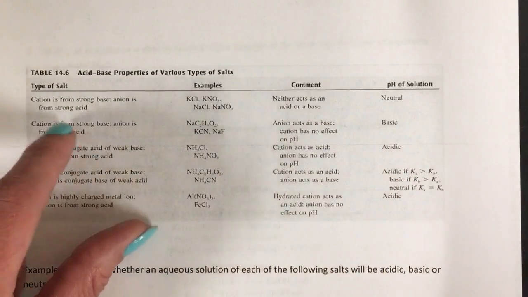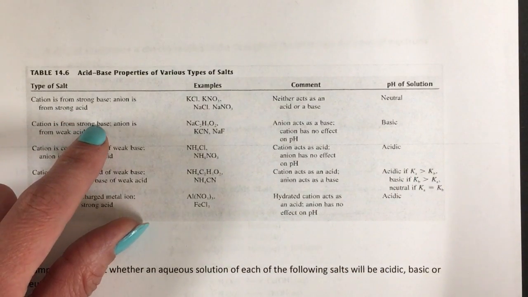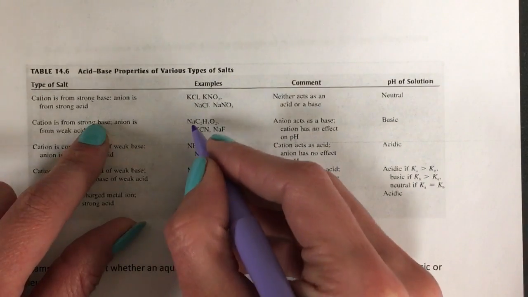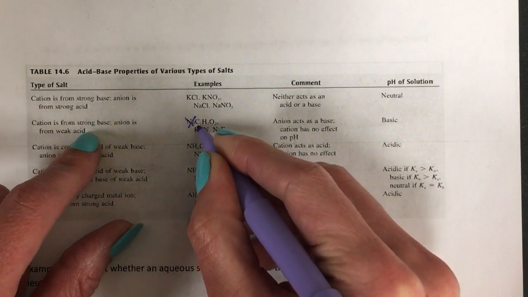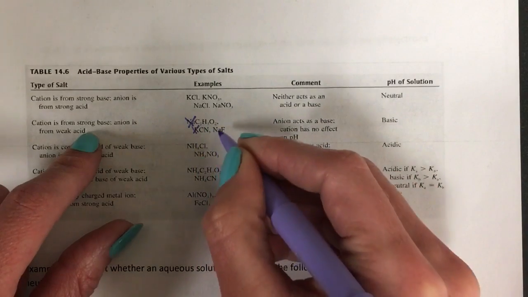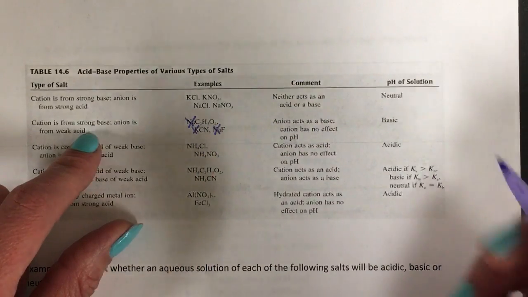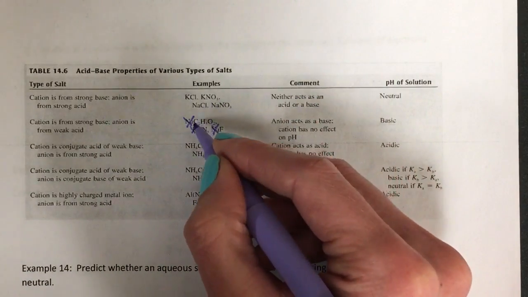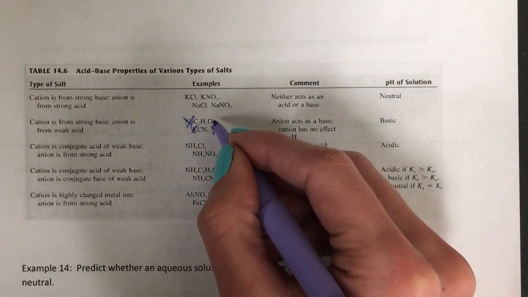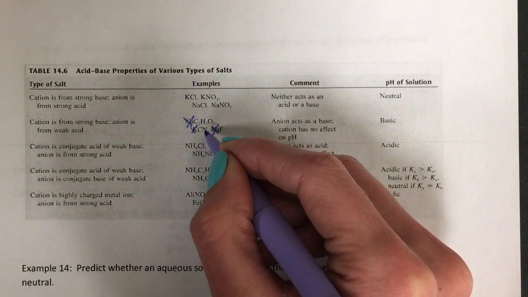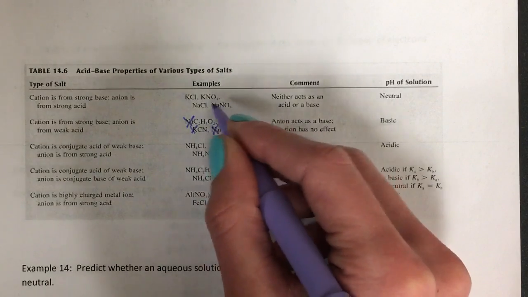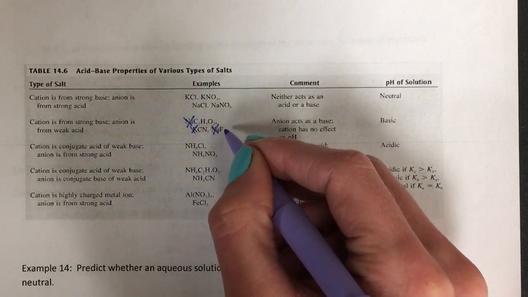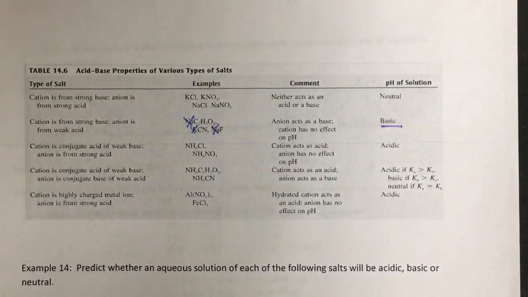Okay? If I have the cation from the strong base, it will not affect the pH. So in this case, Na is from a strong base, will not affect it. K is from a strong base, will not affect it. Na is from a strong base, will not affect it. However, if the anion is from a weak acid, this is from acetic acid, hydrocyanic acid, hydrofluoric acid, these are capable of forming the initial acid, so each of these will act as a base.